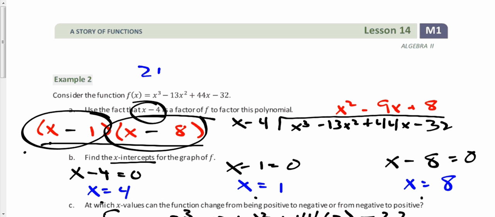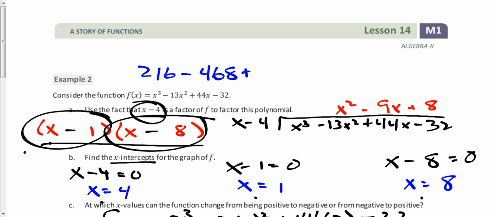So 216 minus, now it's 13 times 36, which is 468. Plus, now it's 44 times 6. So that's 240 plus 24, that would be 264.